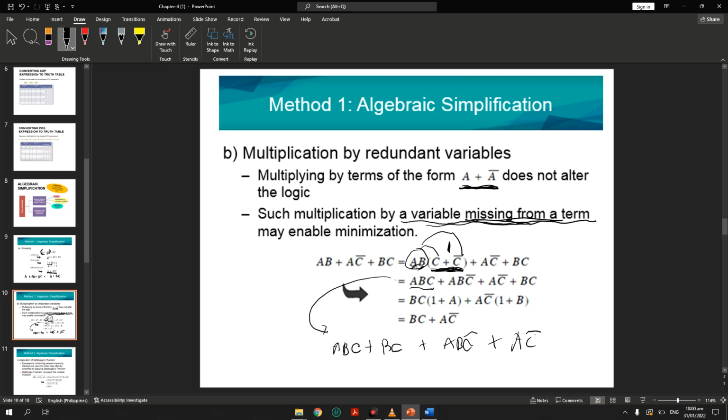So we rearrange the terms so that it would appear just like this one. And then we will group.